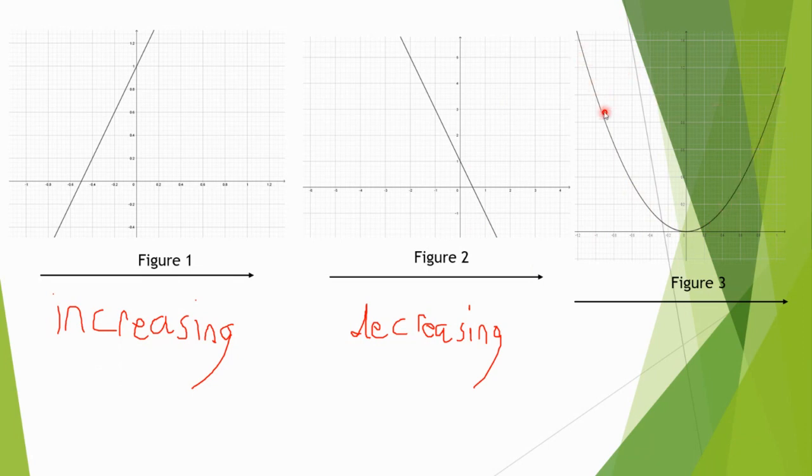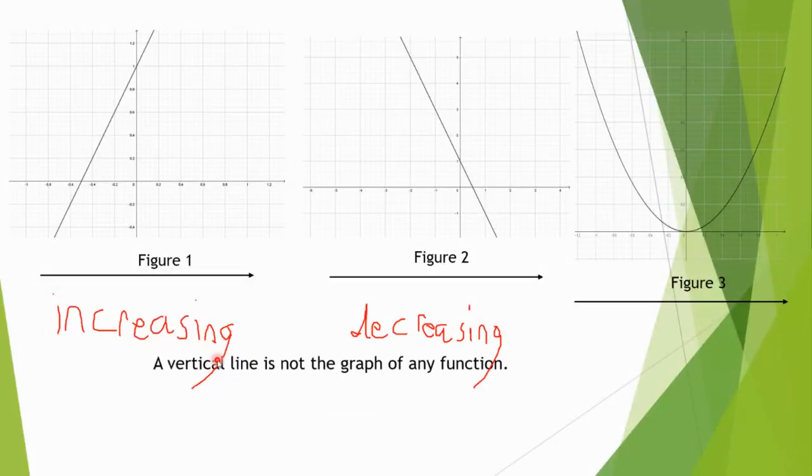So it starts out decreasing, but then it's increasing. You can't do both, of course, but you could do one or the other. So we have an increasing, a decreasing, and a function that's doing neither, but it's not constant either. It starts out decreasing, then it becomes increasing.